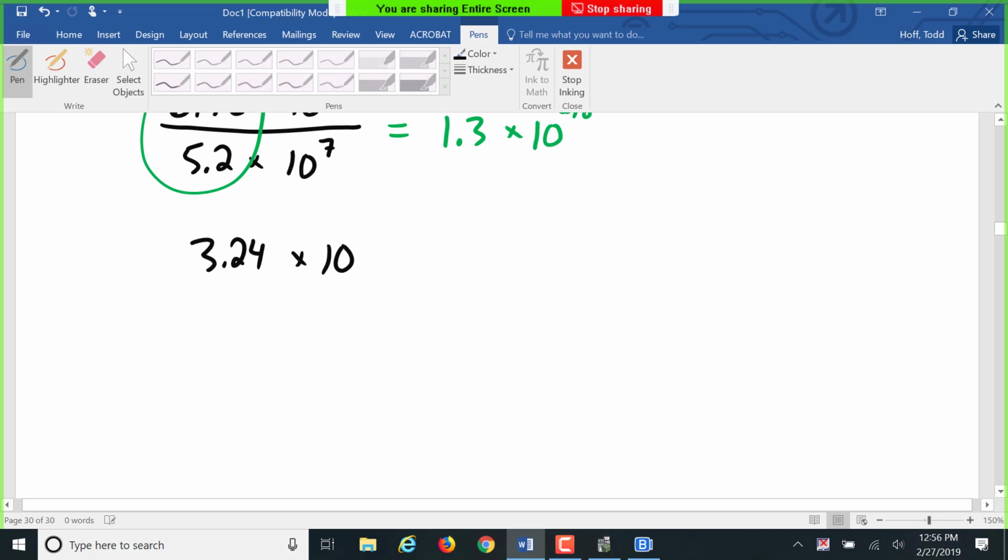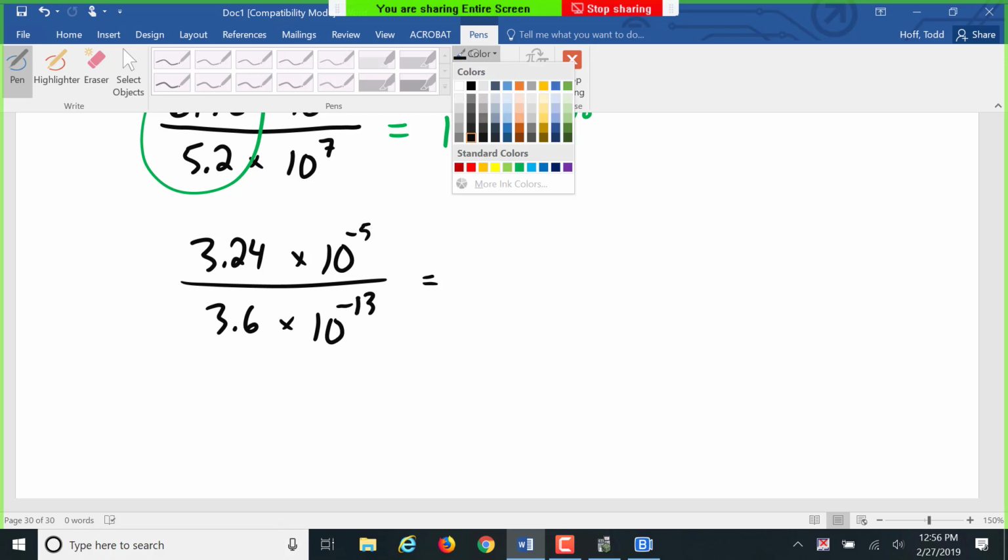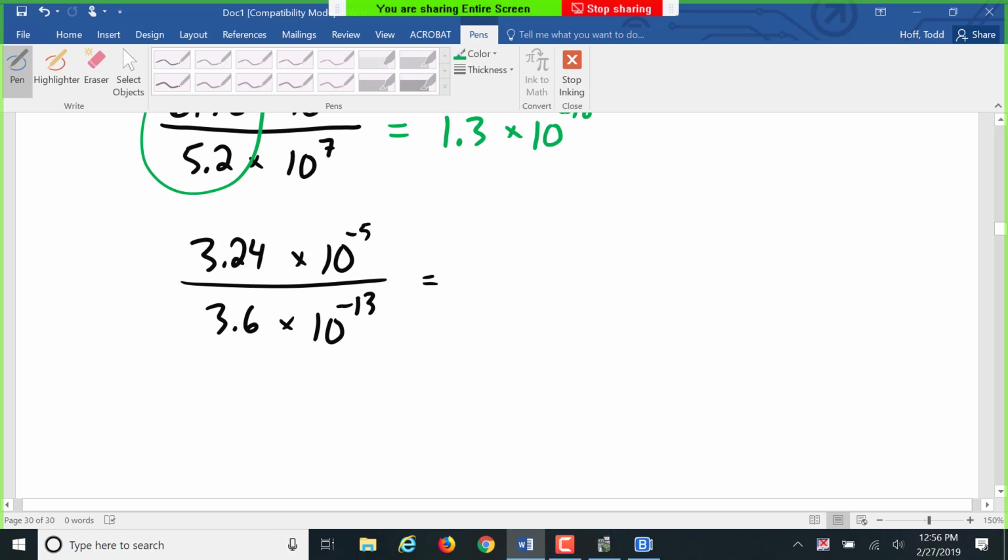We might have 3.24 times 10 to the negative fifth divided by 3.6 times 10 to the negative 13th. I'll give you a minute in your notes to try that one.